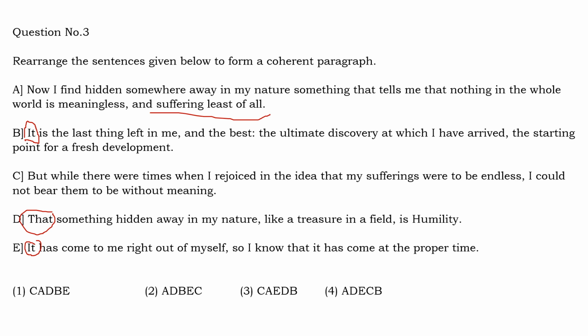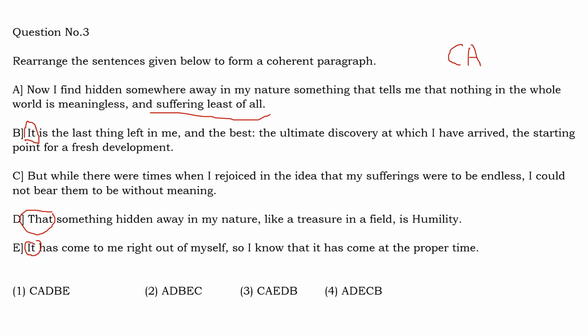Then I realized that nothing in the whole world is meaningless, and suffering definitely has a meaning. So CA will be a sentence pair.